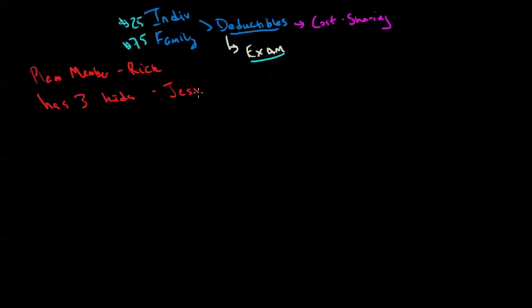We've got Jessica here, who is 8. We've got Vince, who is 6, and Cassie, who is 4. And what happens then is, let's say this all happens in 2014. So we're going to deal all in the 2014 plan year.